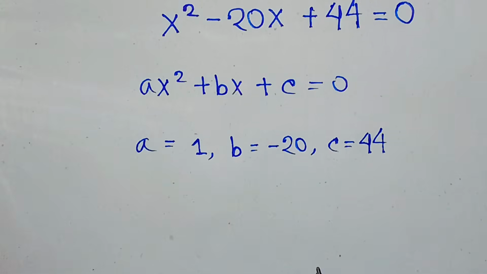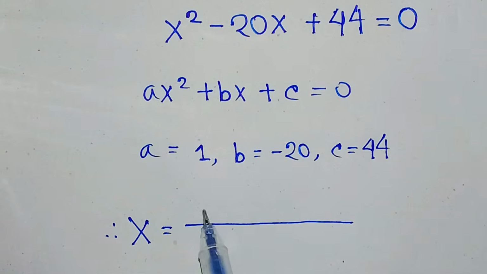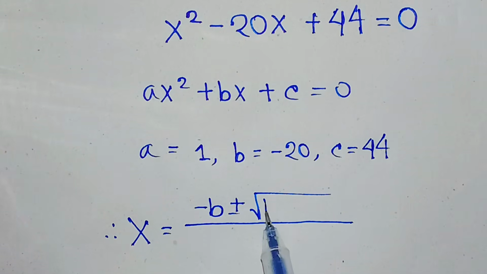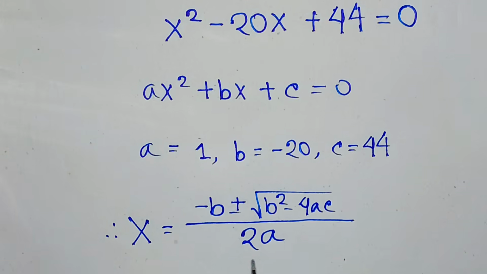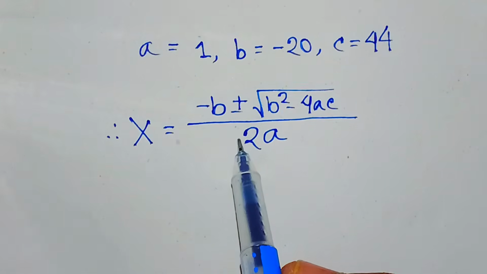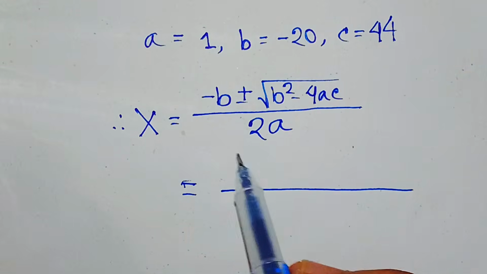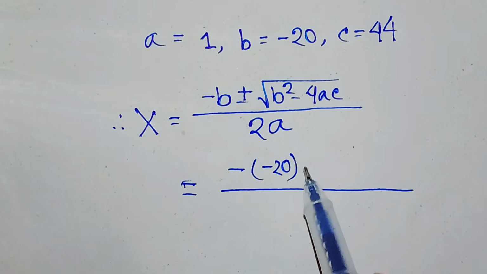So from here we know the quadratic equation formula, which is x equals minus b plus minus root over b square minus 4ac, divided by 2a. Here we just replace our values of a, b, c and simplify the equation mathematically.